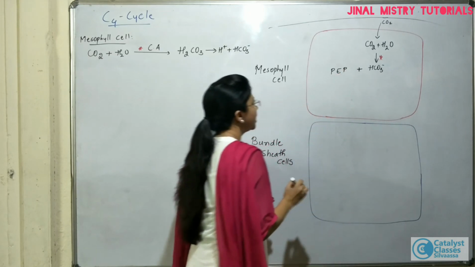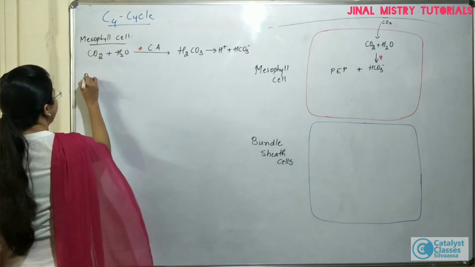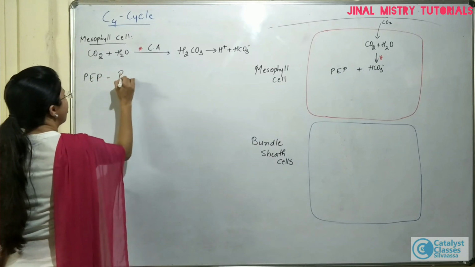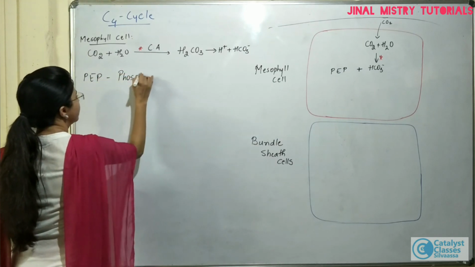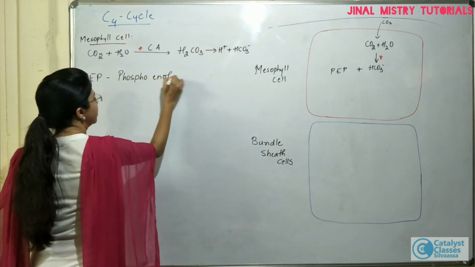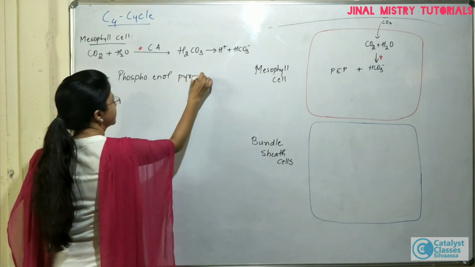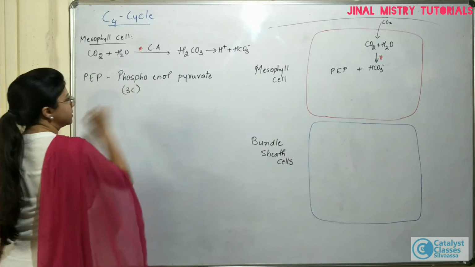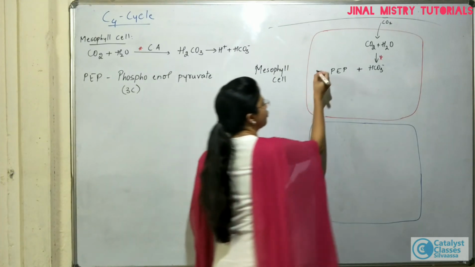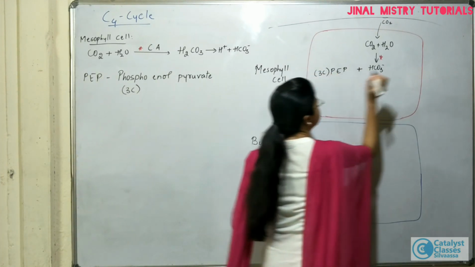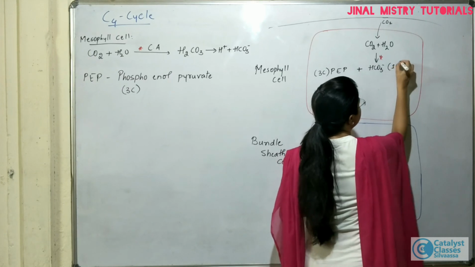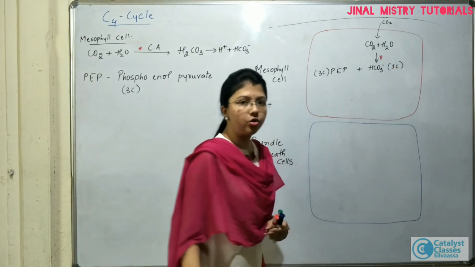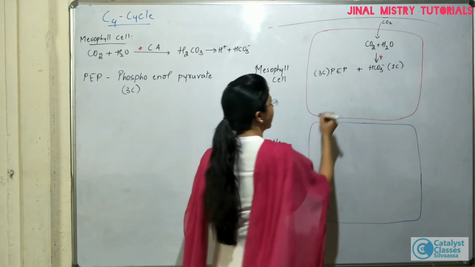PEP. The PEP stands for phosphoenol pyruvate. Okay, this is a 3-carbon compound. Phosphoenol pyruvate is a 3-carbon compound. It reacts with bicarbonate HCO3-, which is having 1 carbon.